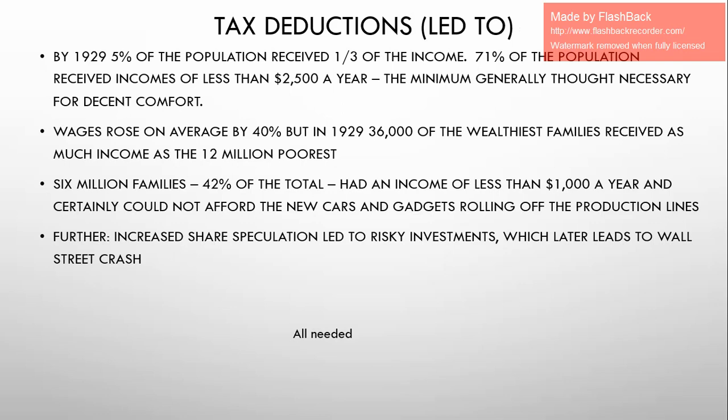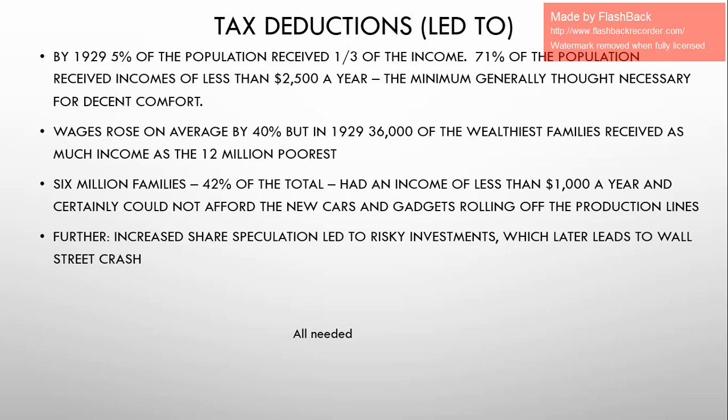So again, just some more figures to show how unbalanced things were starting to become. 5% of the population are getting a third of the income of the country. 71% are getting less than $2,500 a year, which is what has been decided as the minimum people need to live in comfort.